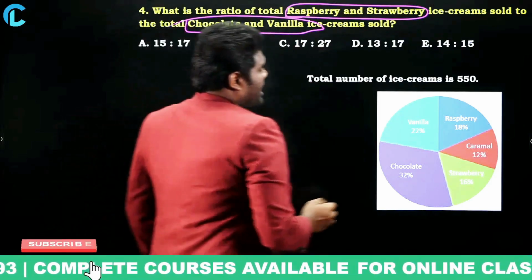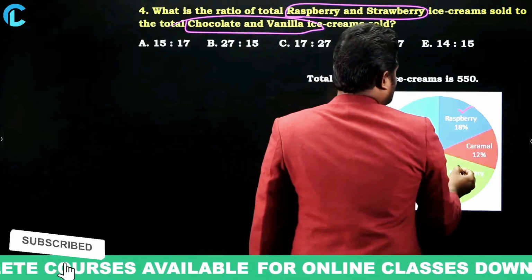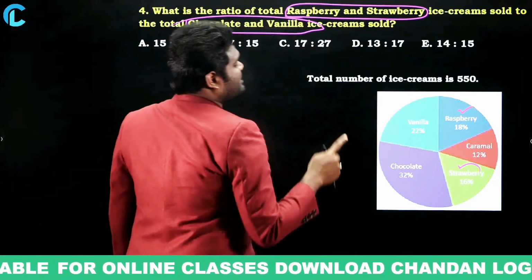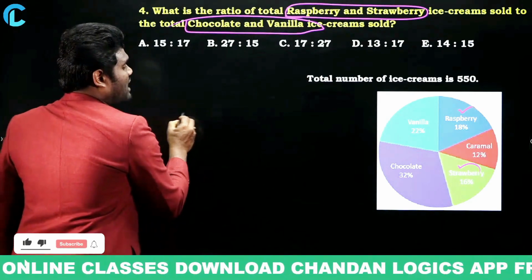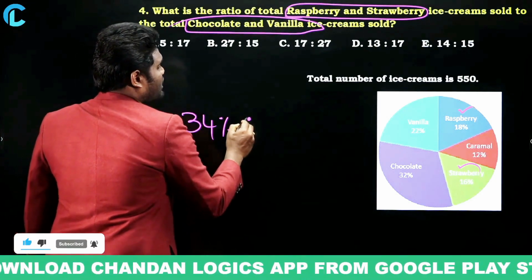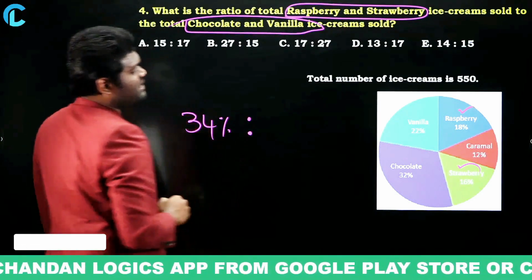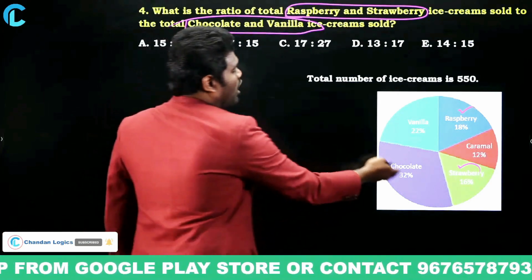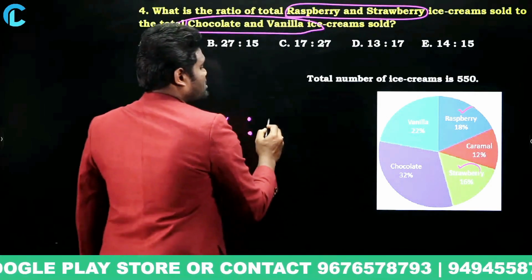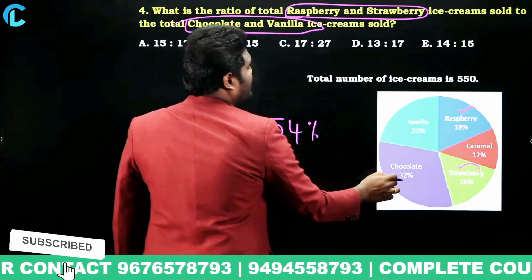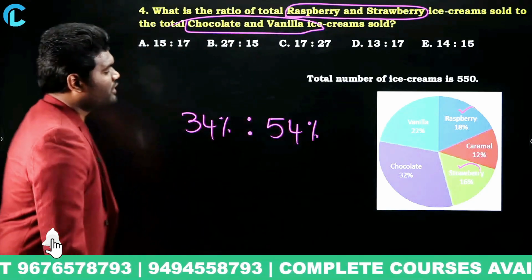Raspberry and strawberry combined, 18% plus 16%, is 34%. Next, chocolate and vanilla combined: chocolate 32, vanilla 22, together 54%.